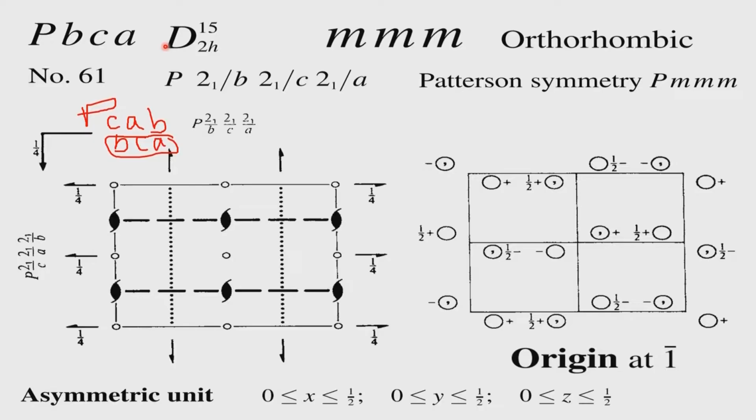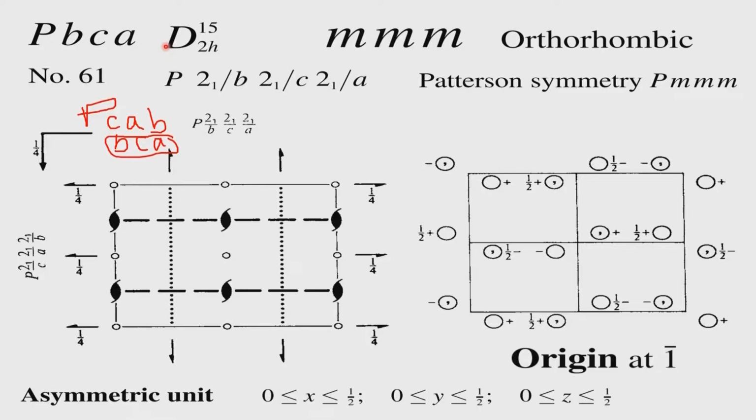So, this is something which you should remember, and whenever you have a situation like this where the molecule has gone into PCAB, you can either change the symmetry elements and make them into PBCA, or you solve the structure in PCAB, but eventually report in PBCA. All are allowed. It depends upon what you would like to look in that molecule.